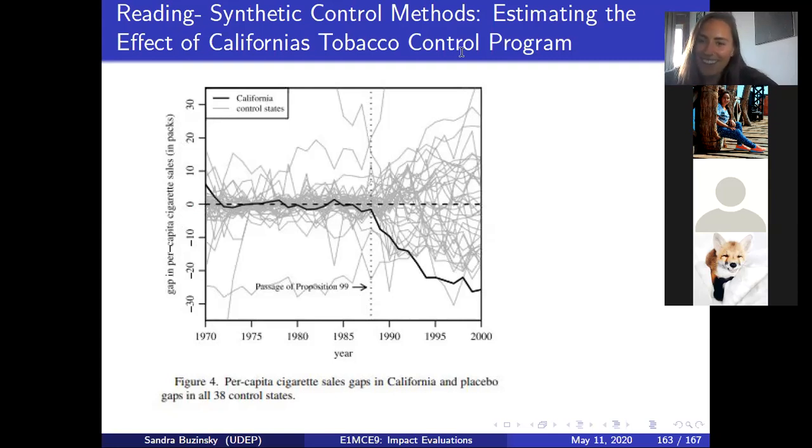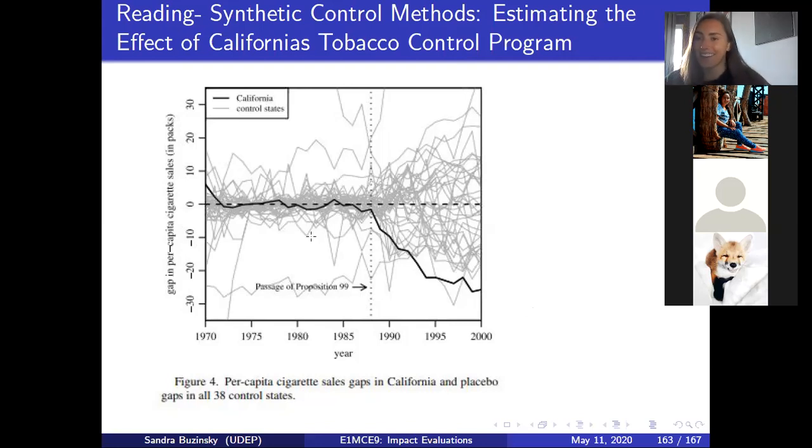Yeah, there are a lot of lines because they're doing it for all of the other 38 states. What the authors say is they're really happy about this graph. They think it's awesome because you see how California is one of the lowest lines. They're saying we see a much larger effect with the California policy compared to any other placebo test.